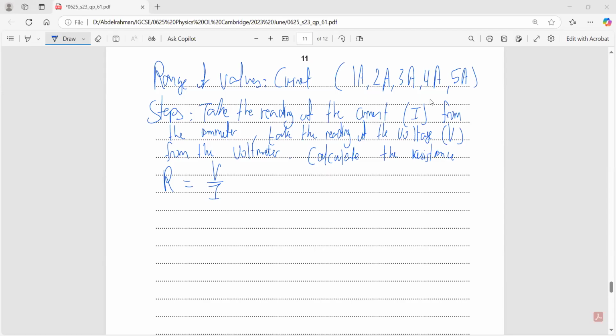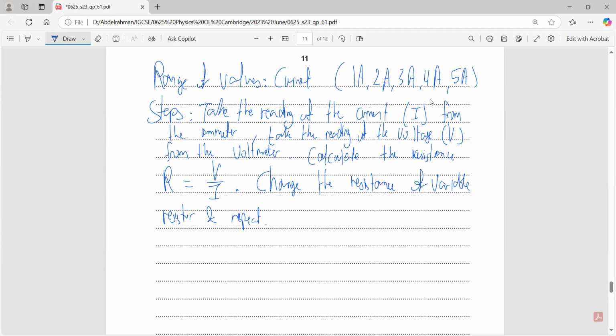And then change the resistance of the variable resistor and repeat.